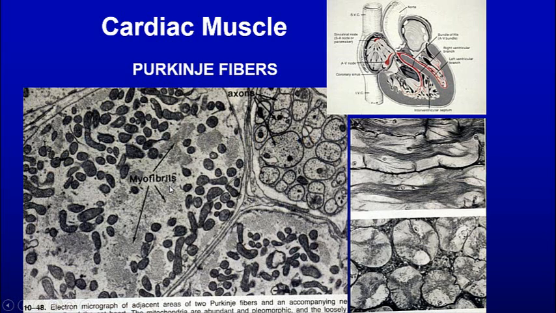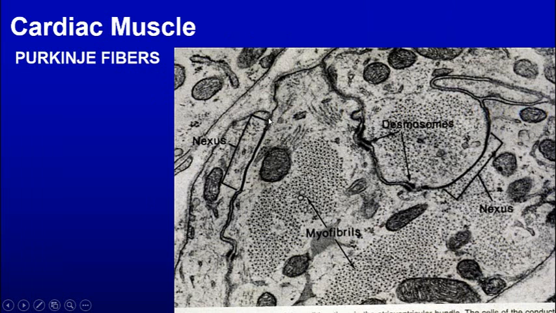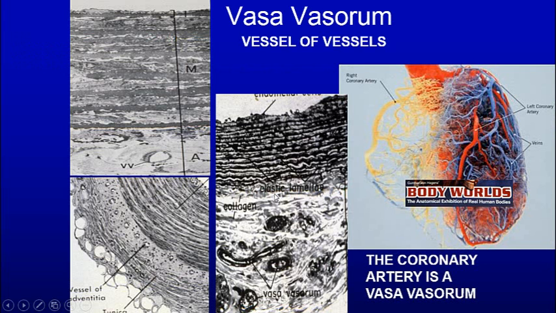And these cells have a lot of glycogen, and glycogen is removed in the process, and that's why they look white, because it's been extracted from them. They have junctions between adjacent cells, so one cell can communicate with another cell to transmit that message down to the ventricles. So the vasa vasorum is a vessel of vessels, and here we can see one here.